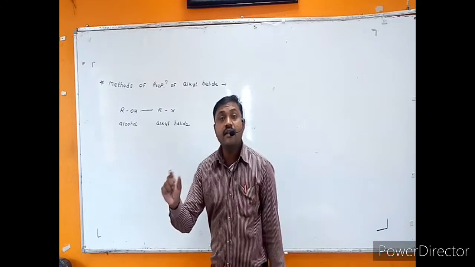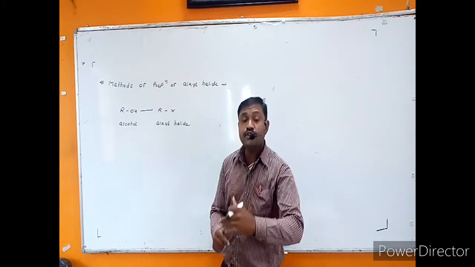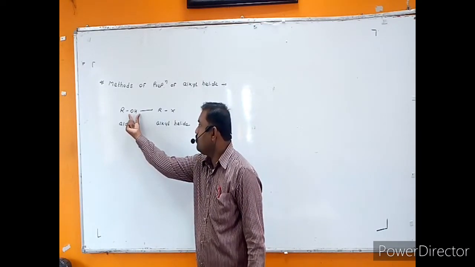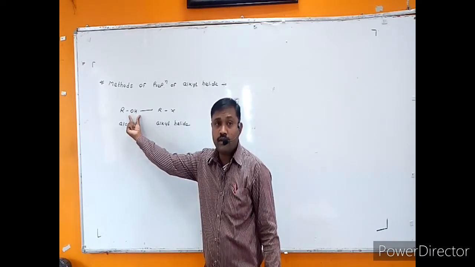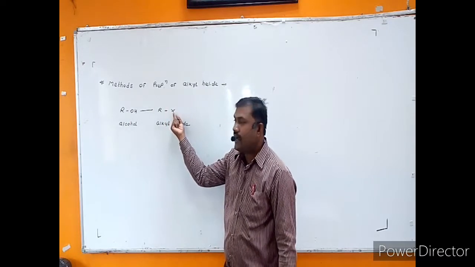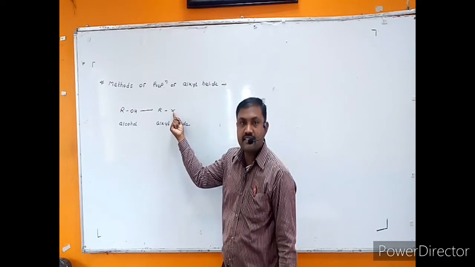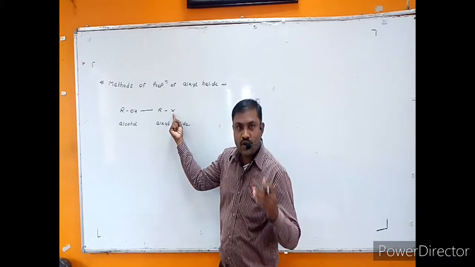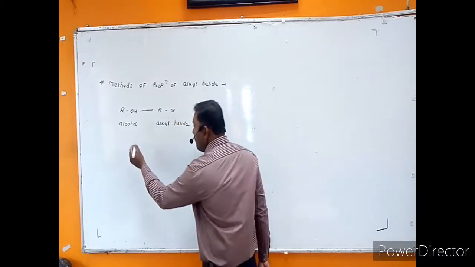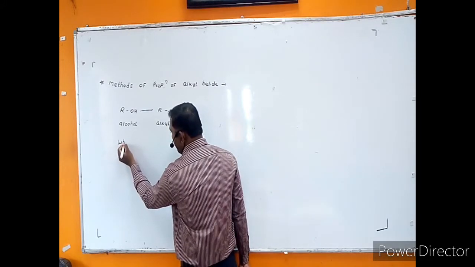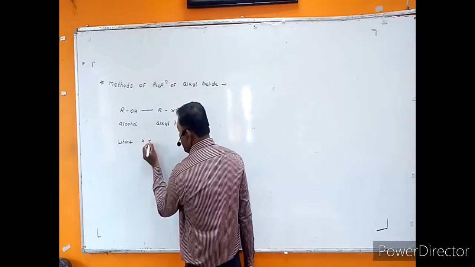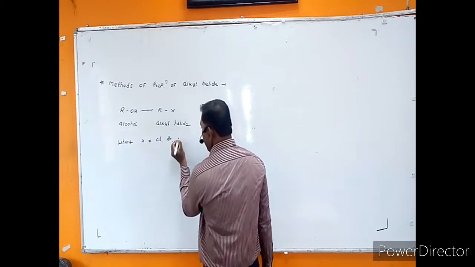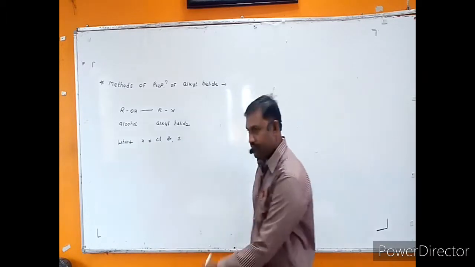Simply, this is a replacement reaction or a substitution reaction. In this reaction, the OH group of alcohol we have to replace by an X. So what is X? X is a halide. It may be chloride, it may be bromide, or it may be iodide. Clear?